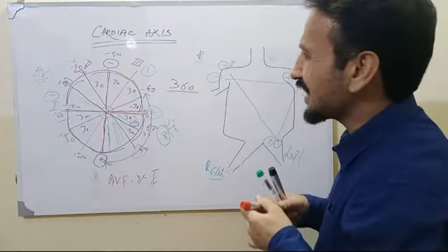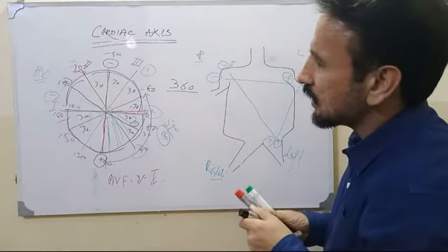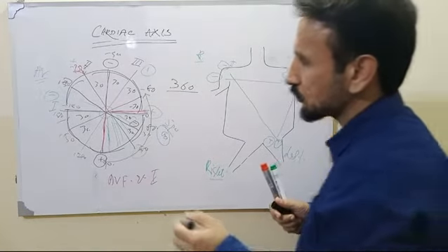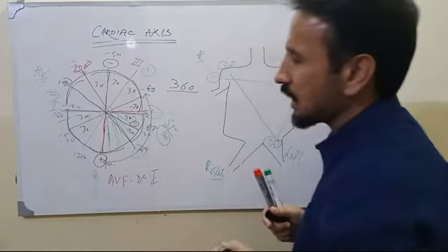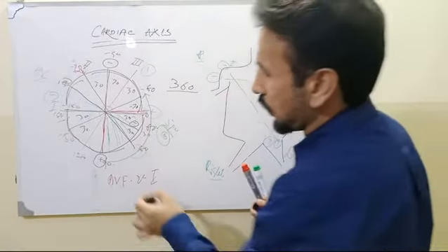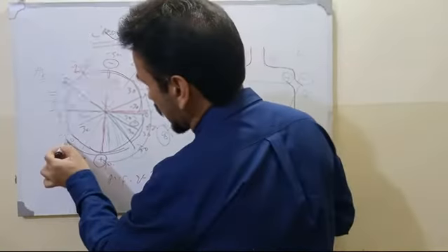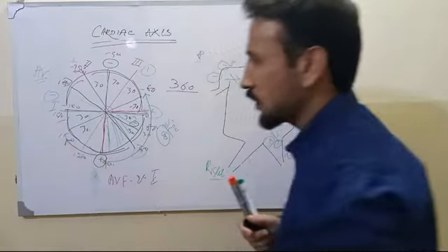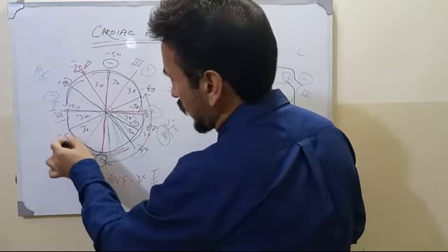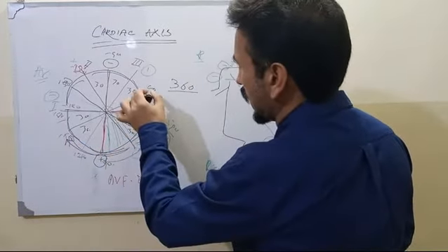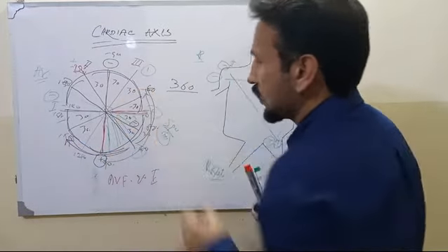Similarly, we can extract that lead 2, which is here, is lying at an angle of 90 degrees to the AVL, on this side as well as on this side.